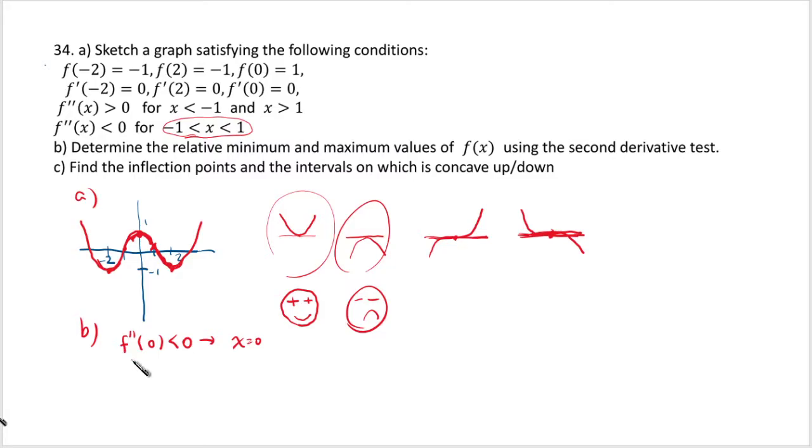So actually let's write both. f prime of 0 is 0, that we know. And then f double prime of 0 is less than 0.